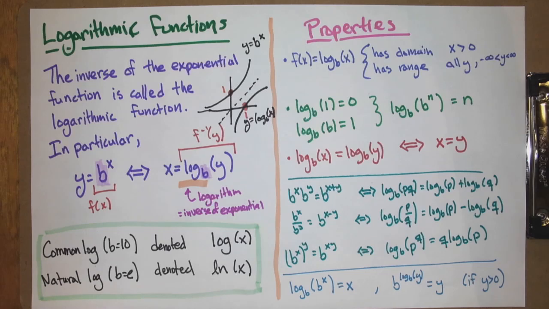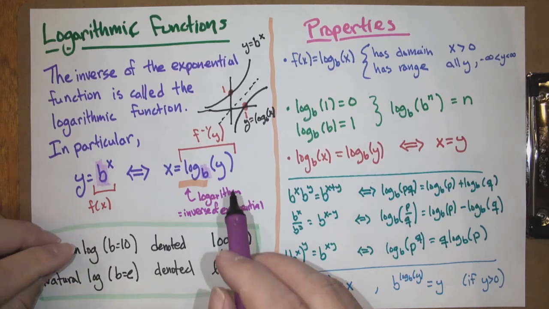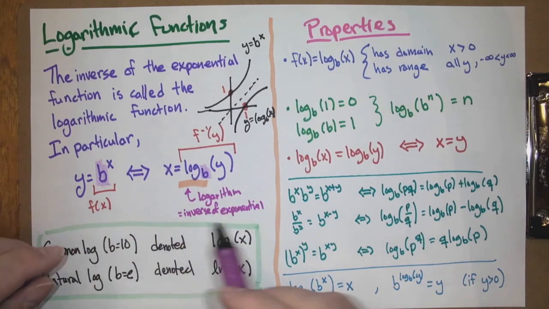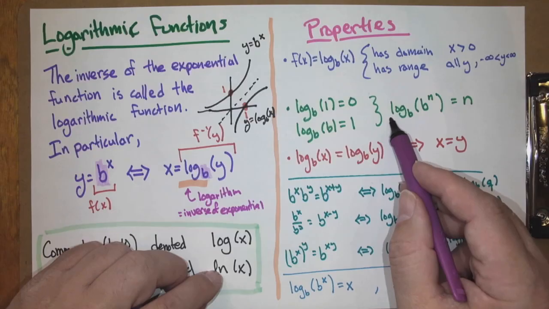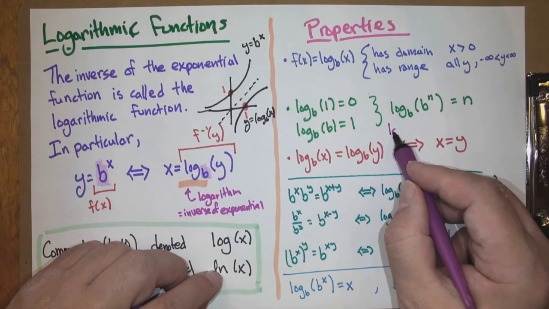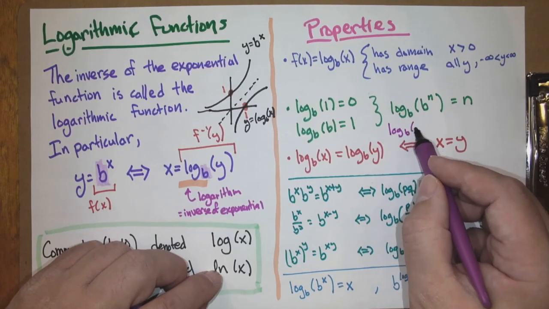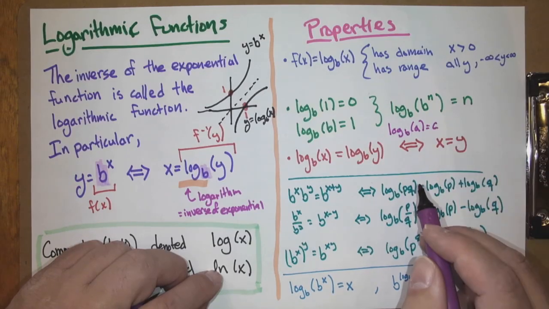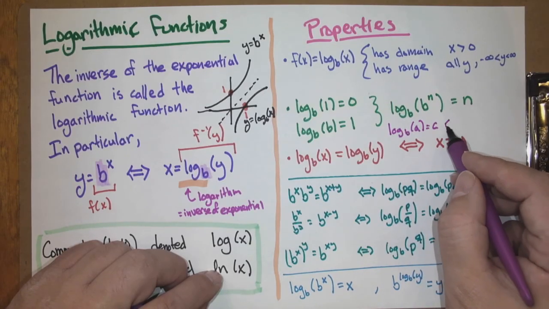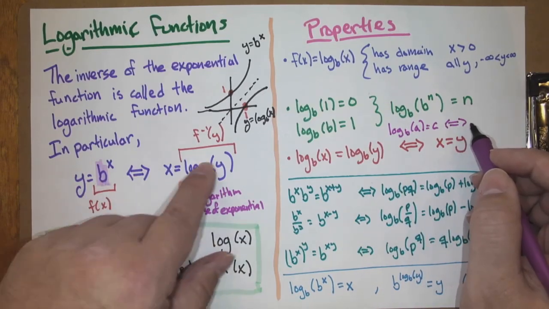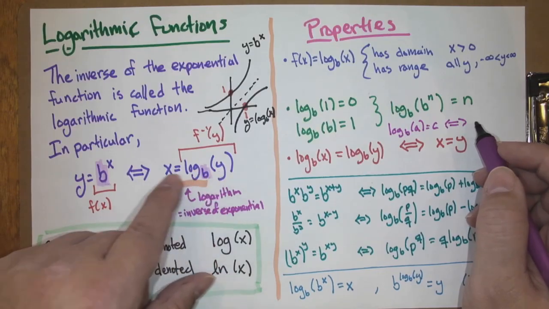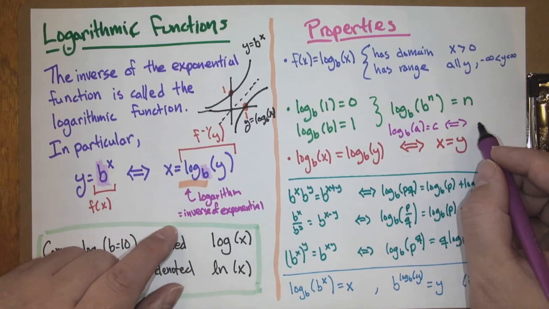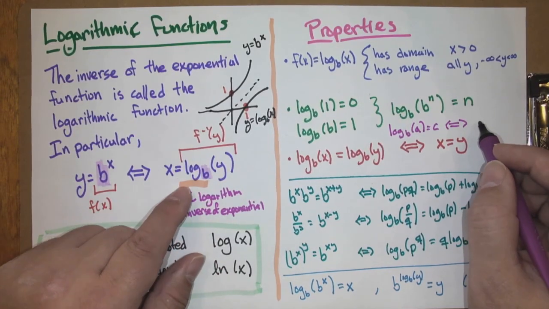Well, why can we say that? It comes down to this type of relationship. And more generally, if I'm looking at log base b of a is equal to c, that's the same as, I'm just changing y's and x's for different symbols. So I'm rewriting the same thing just with different symbols.